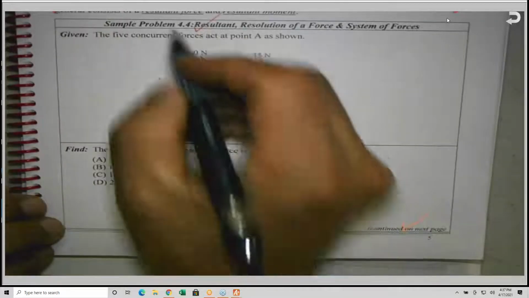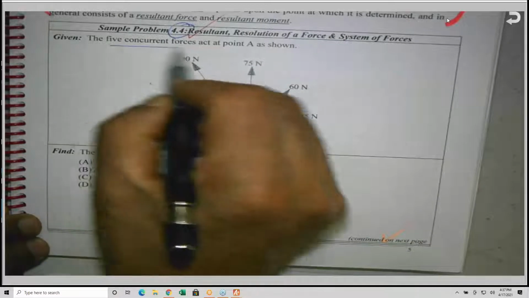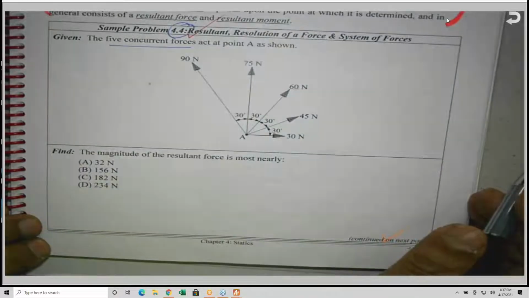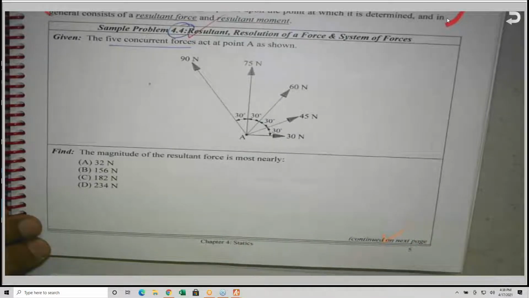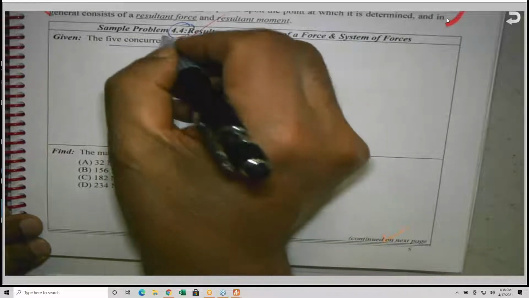So, for example, this sample problem 4.4: the concurrent system consists of 5 forces. They are acting at point A. The word concurrent is very important.